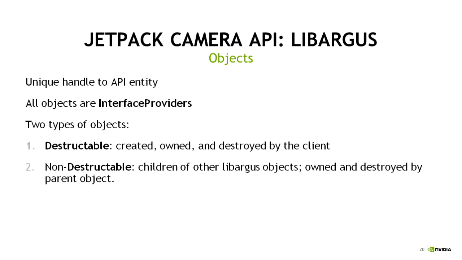Every object is capable of providing interfaces through inheritance of the interface provider base class. But objects are also divided into two subtypes, defined by how the objects are managed. Destructible objects must be created, owned, and destroyed by the client application, while non-destructible objects are children of other Argus objects, and are owned and destroyed by these parent objects.